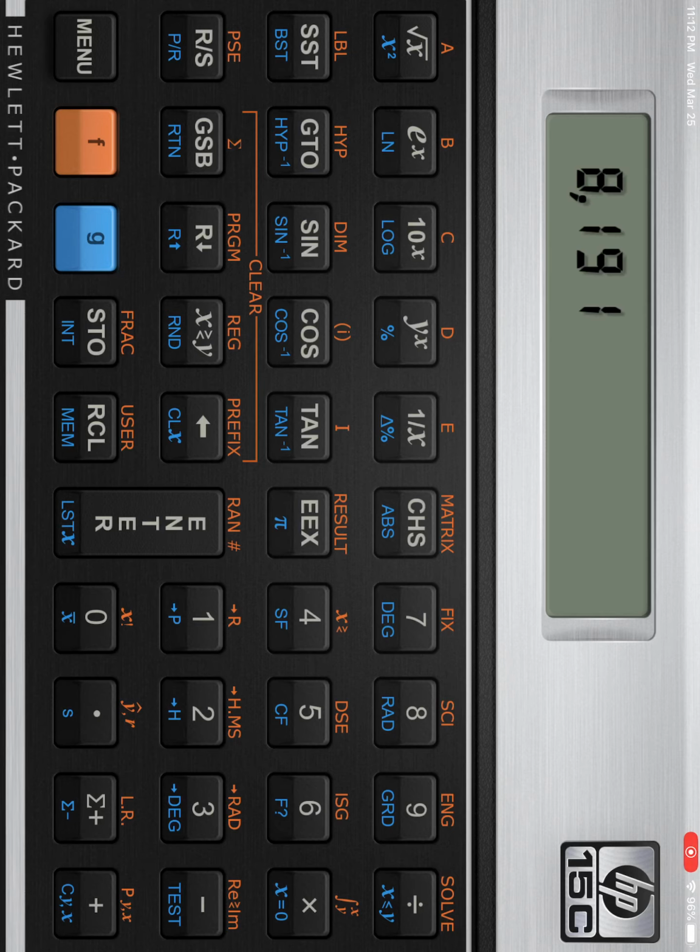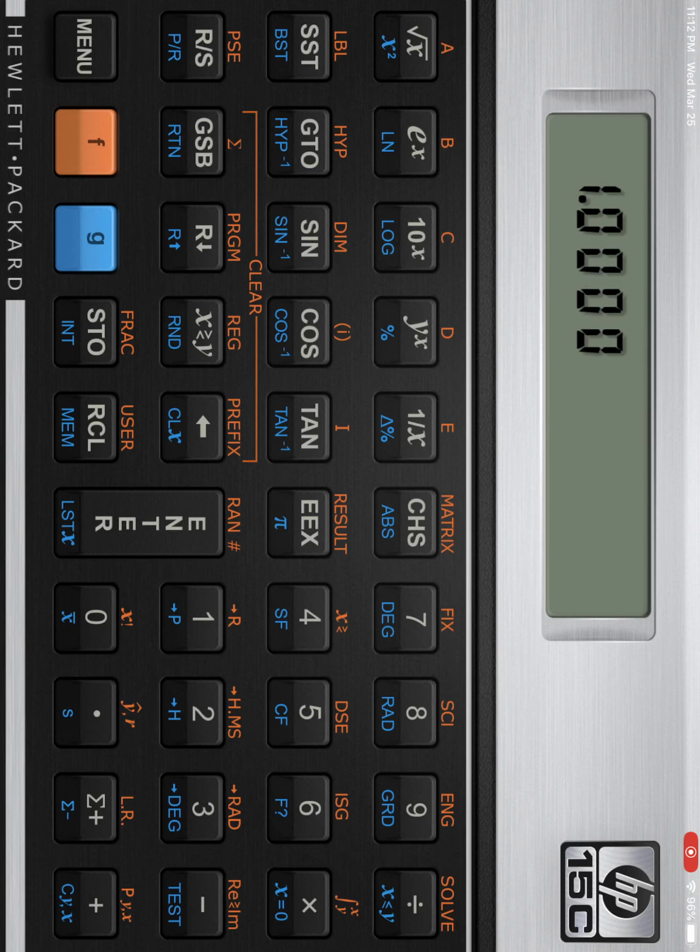No good. I'm going to clear my stats there. Okay, put the 2's back in. 8191. Okay, I'm going to try to use my stats registers here.